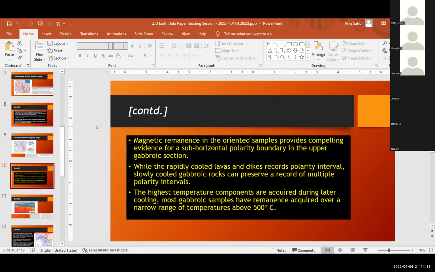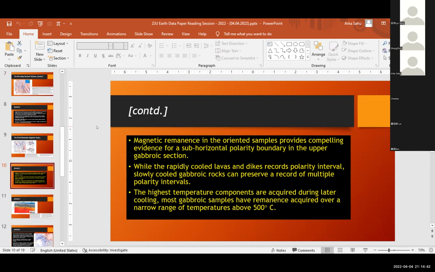The theory is that the magnetic remanence of samples that are oriented, obviously samples need to be oriented before doing any kind of paleomagnetic studies, gives evidence for a subhorizontal polarity boundary in the upper gabbroic section. The idea is that lavas and dikes that cool rapidly record a single polarity interval, while the slowly cooled gabbroic rocks record multiple polarity intervals.